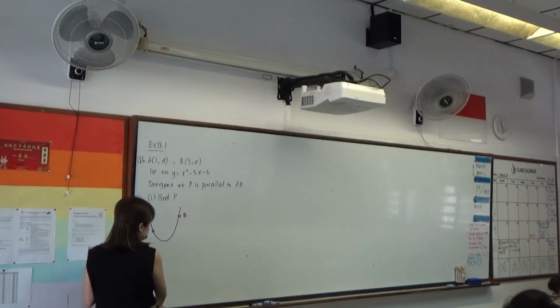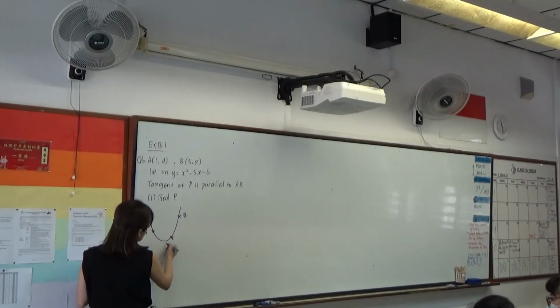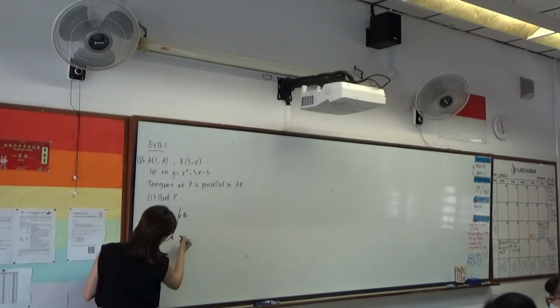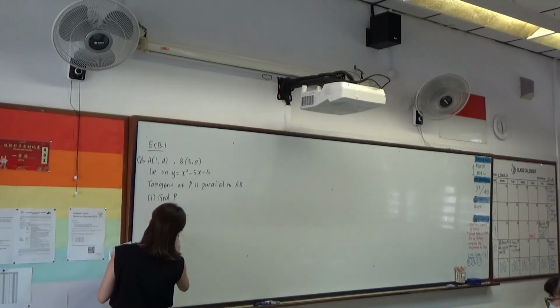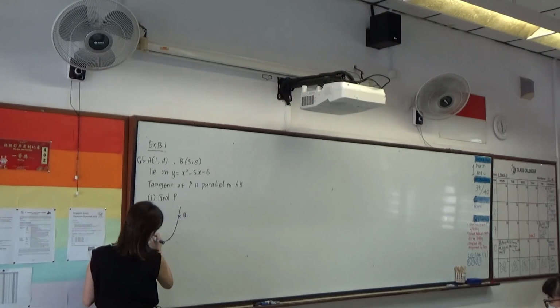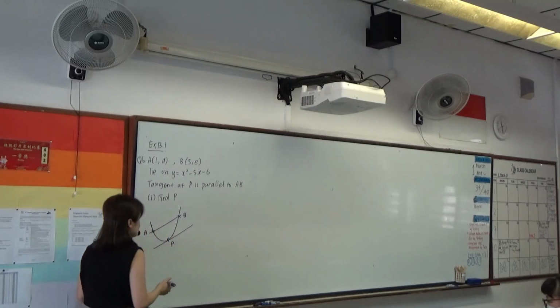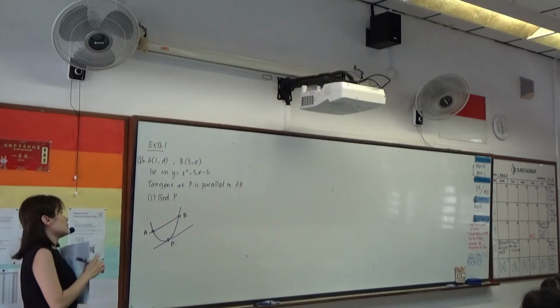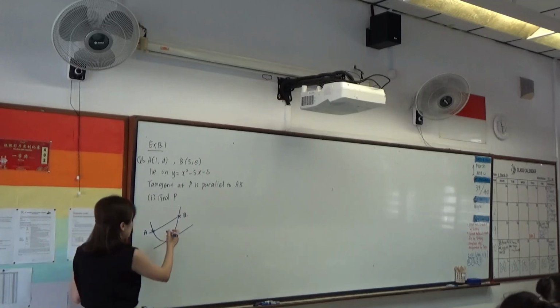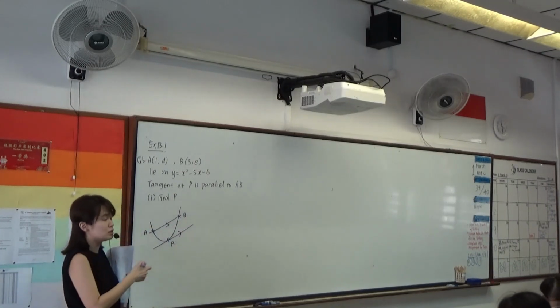So there is another point P that is on the curve, such that the tangent that we draw will have to be parallel to the line AB. So my tangent will have to look something like that, and likely this is going to be P. Okay. So because they are parallel, it means that the gradient will have to be equal.